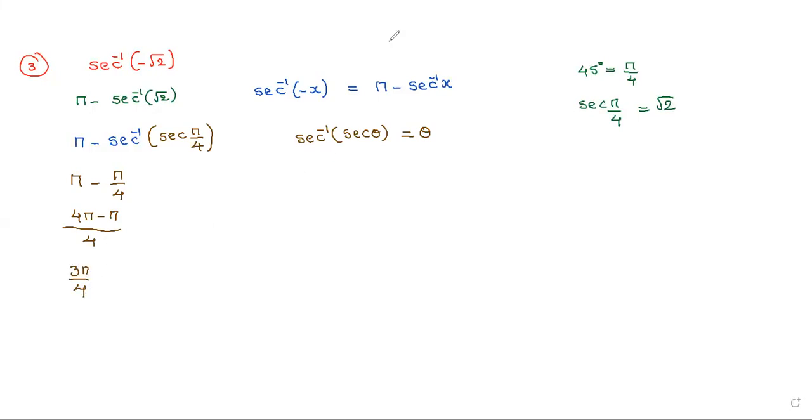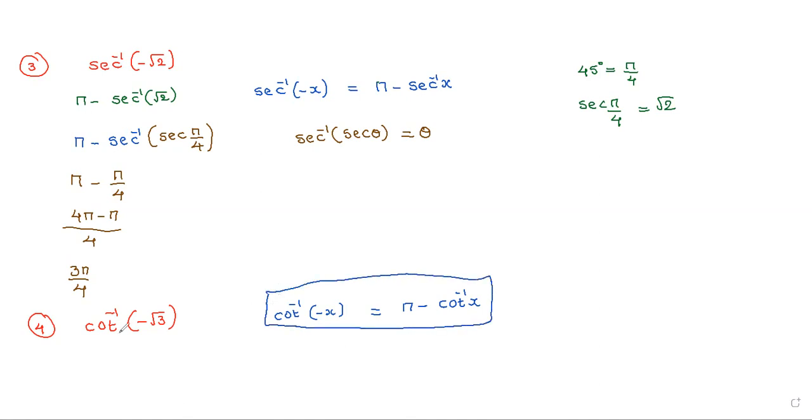The next question is the fourth one. Cot inverse of minus root 3. Okay, write down. Cot inverse of minus x is equal to pi minus cot inverse x. So write as pi minus cot inverse of root 3. When does root 3 come in cot?